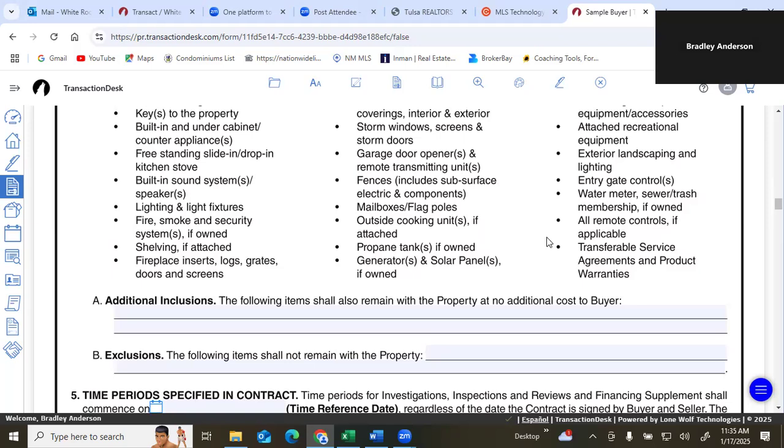So additional inclusions. The following items shall also remain with the property at no additional cost to the buyer. So let's say that the buyer has seen the home and they've noticed that there is a really nice washer dryer in the laundry room that they want. All right. Well, although that wasn't specified in the listing, it's here that the buyer can request it.